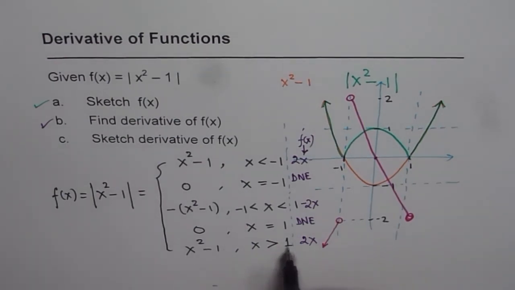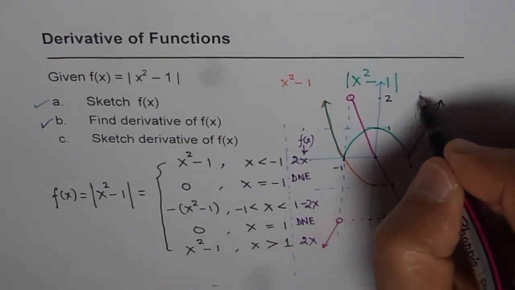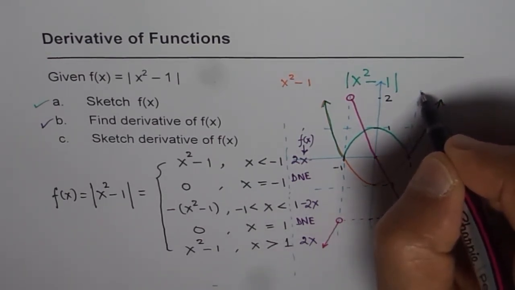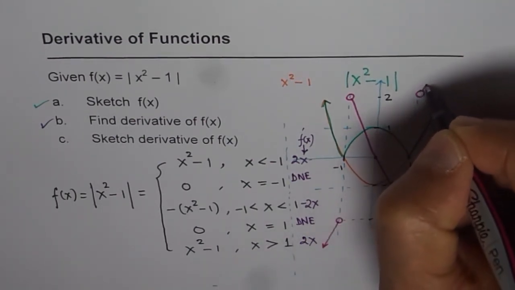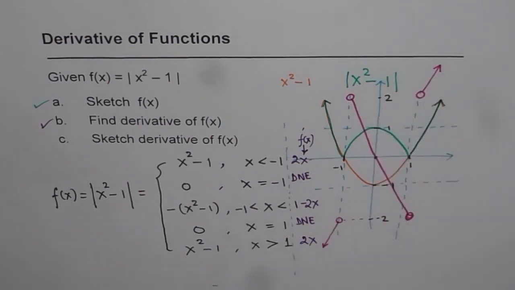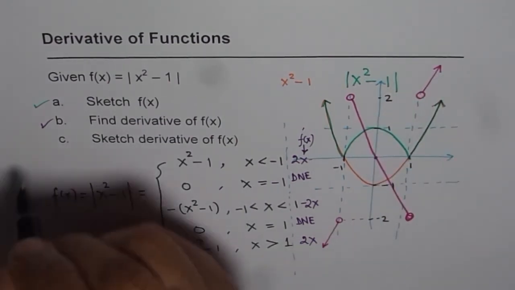Now if it is beyond 1, the derivative is 2x, which means a line with a slope of 2. But where does it start from? If I put 1 here, I get 2. So it starts from 2, but definitely not including 2, right? So this is a hole and the same kind of slope. Do you see that? So that becomes the sketch for the derivative, correct?